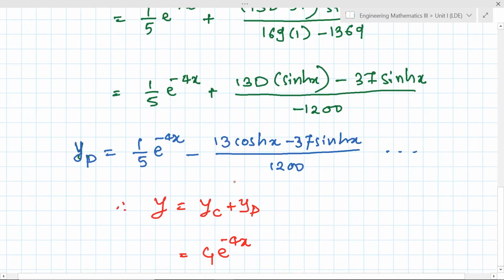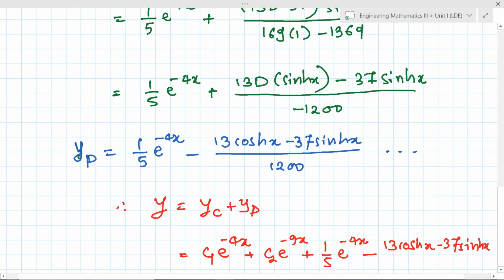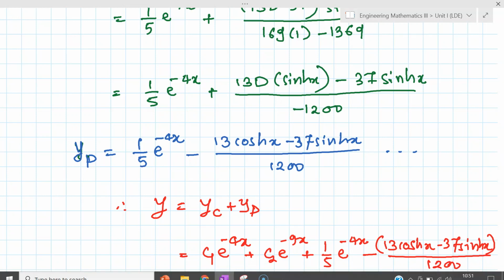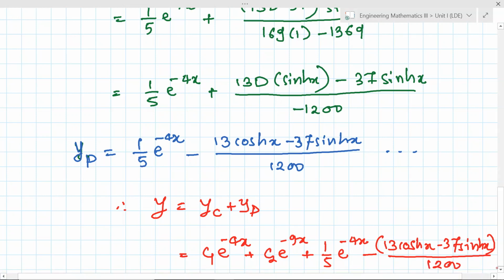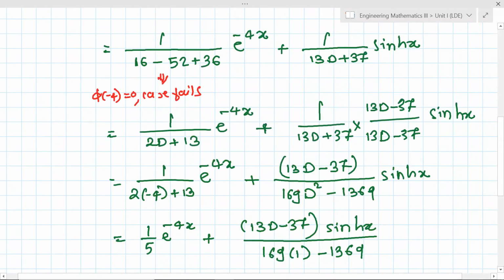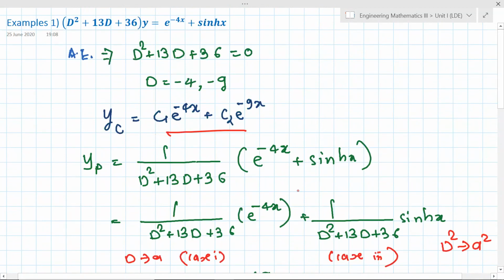So y is C1 e raised to minus 4x plus C2 e raised to minus 9x plus 1 by 5 e raised to minus 4x minus 13 cos hyperbolic x minus 37 sine hyperbolic x, in brackets, divided by 1200. So this is my complete solution for the given nth order linear differential equation.